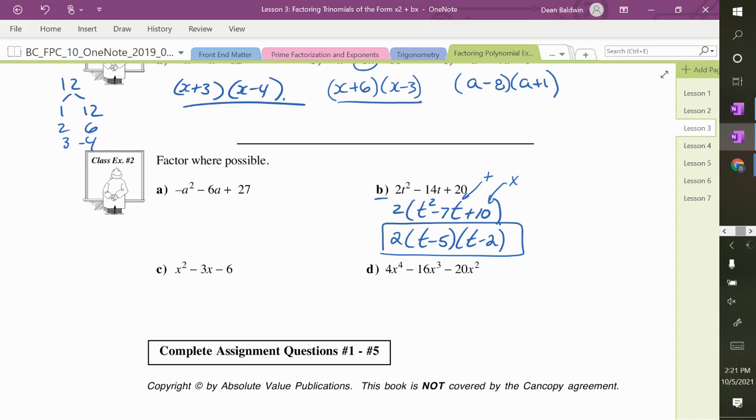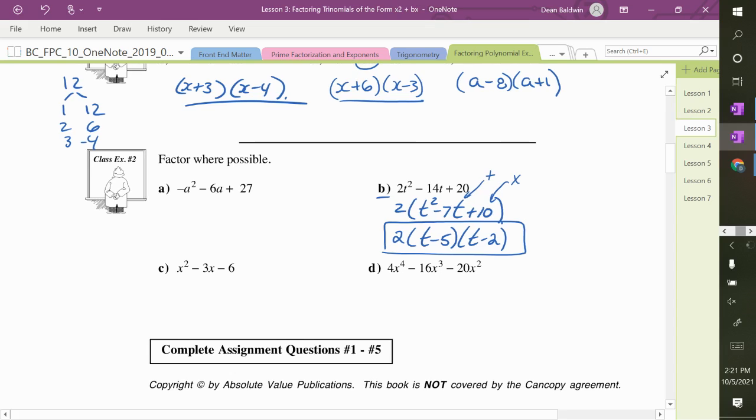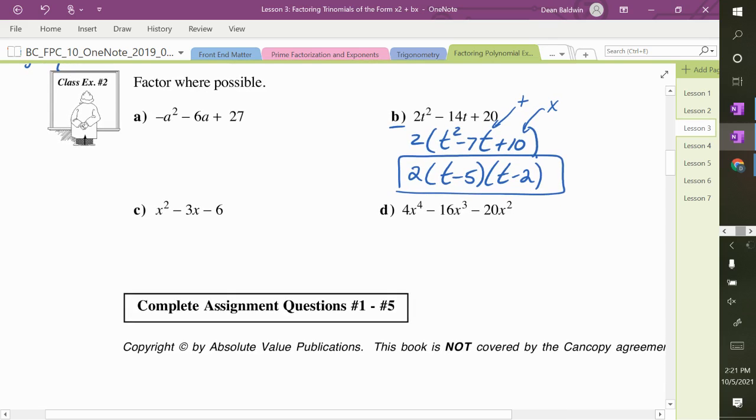All right, C. X squared minus 3x minus 6. Do I have to factor anything out? No, because there's a 1 in front of the x squared. So you just ask yourself, what multiplies to negative 6 and adds to negative 3? Let's do the factors of 6. 1 and 6. 2 and 3.